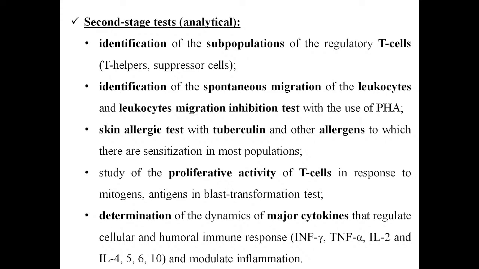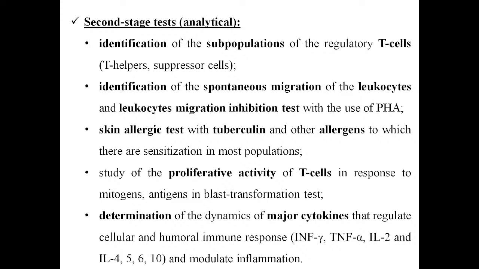So, spontaneous migration test is used to detect activity of immune cells. Because sometimes immune cells may be present in the blood, but they are not active. Then skin allergic test with tuberculin and other allergens to which there is sensitization in most populations.